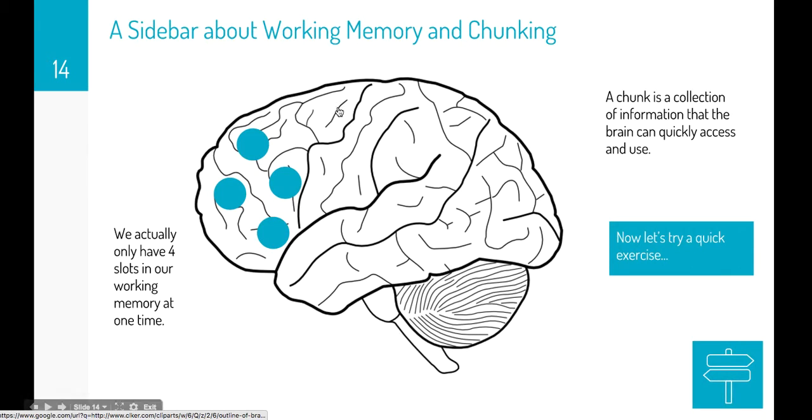And what happens sometimes with children with disabilities or not disabled children, they don't have these chunks pre-established, and so they're using some of their working memory slots to complete those tasks that should be automatic. And it takes away one or two or three of these slots from higher order things like problem solving and planning and higher order thinking. So just something to think about when you're looking at your students and their cognition.